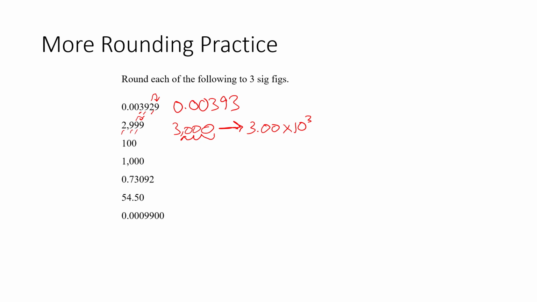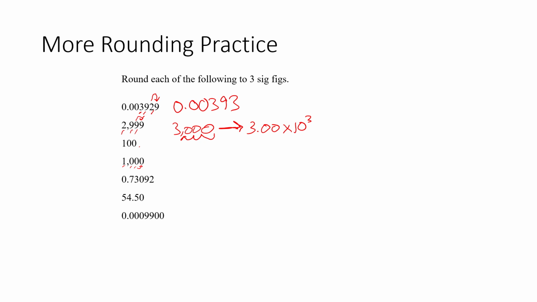Now we want to make the number 1,000 have 3 sig figs. Well, if we add a decimal at the end, now these zeros become significant. If we want to round 1,000 to 3 sig figs, we go 1, 2, 3. We look to the right, and it's a 0. But we can't just drop that 0.